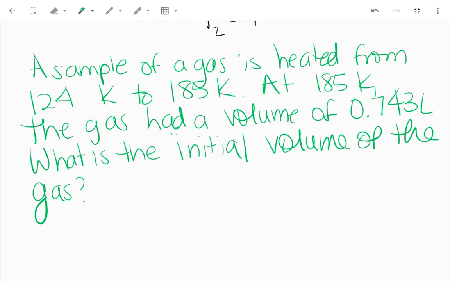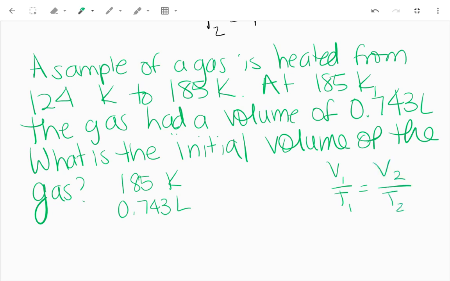All right. So right there, it's asking me for the initial volume of the gas. That means that 185 Kelvin, which had a volume of 0.743 liters, are our final variables. So again, V1 over T1 equals V2 over T2, which can also be written as V initial over T initial equals V final over T final.